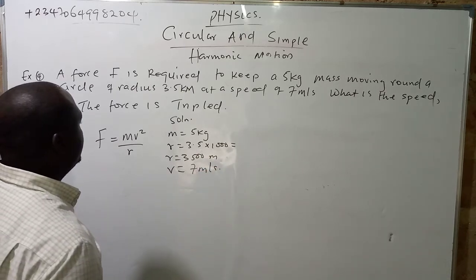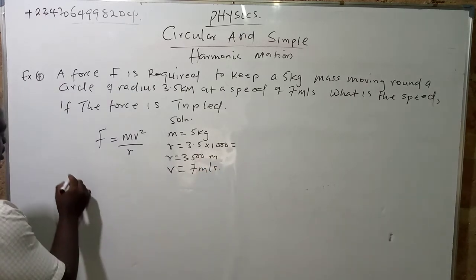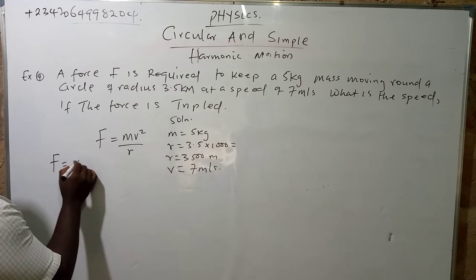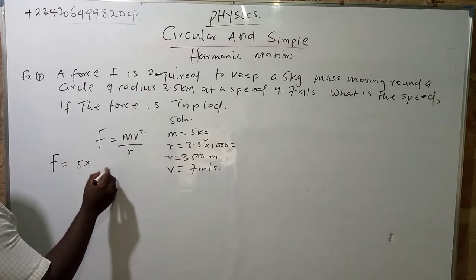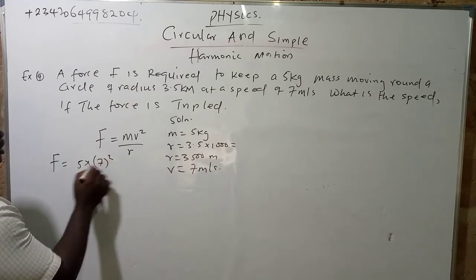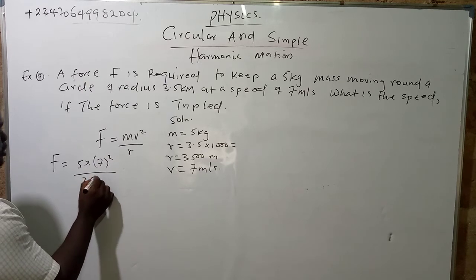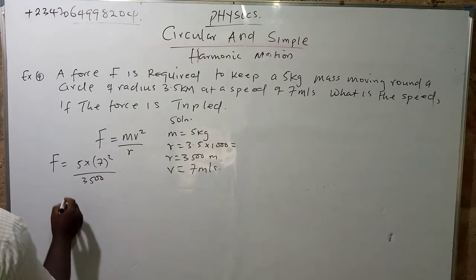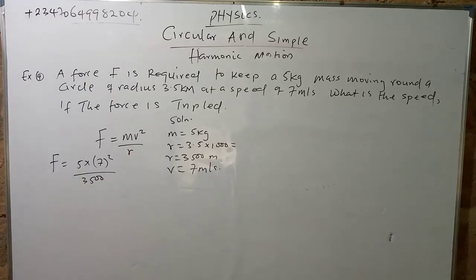So the force is equal to 5 times the velocity 7 squared divided by 3.5, and that should give you 70 newtons.